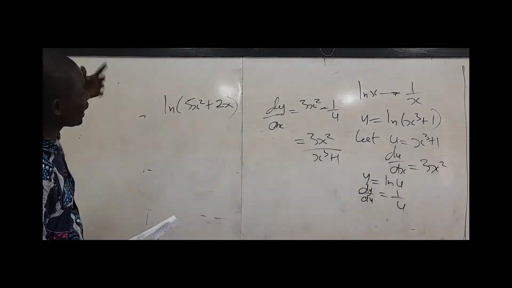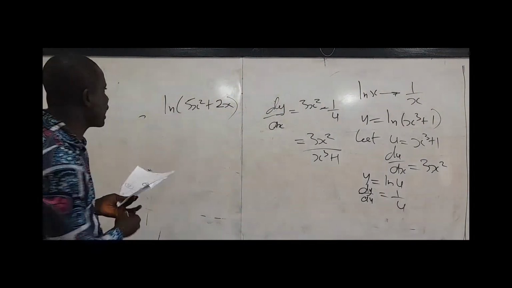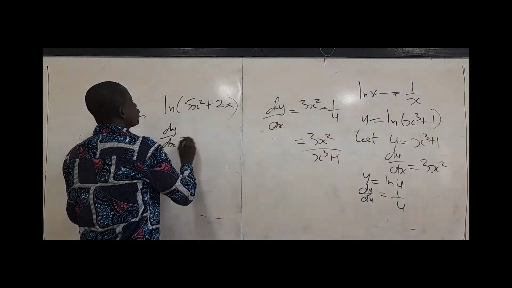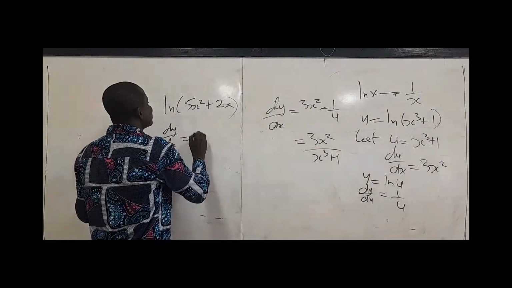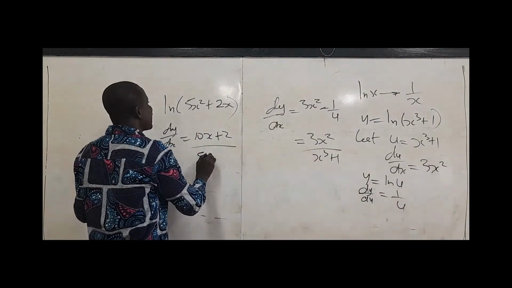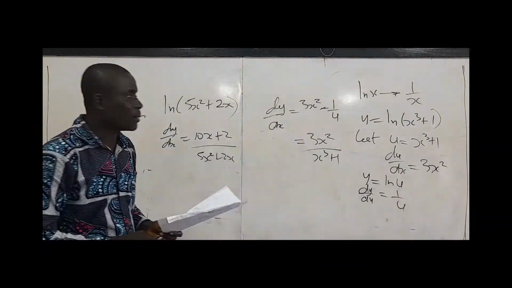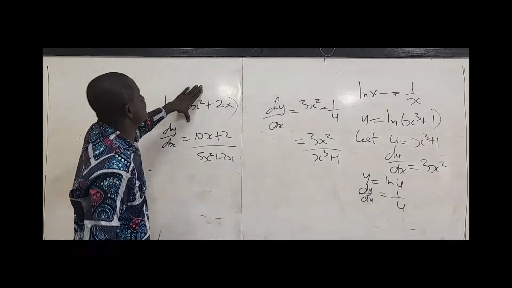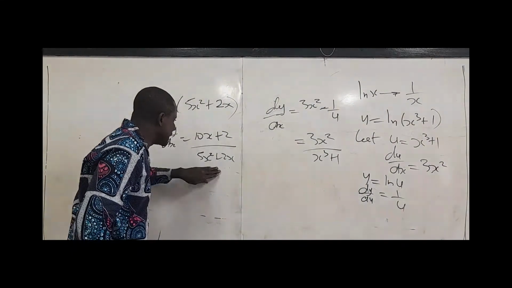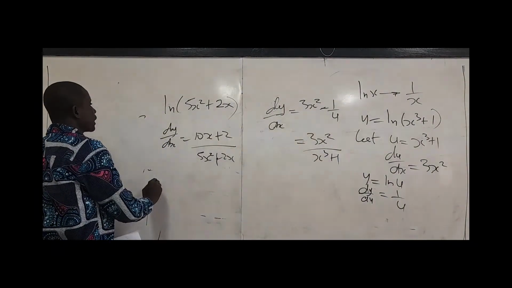You are going to differentiate this, so dy/dx equals to differentiate this one, that gives 10x plus 2 all over 5x squared plus 2x. It's as simple as that. I'm repeating. Differentiate this top one, put it at the top, then write the original, the denominator, down.